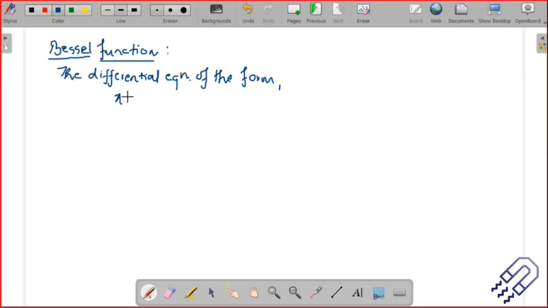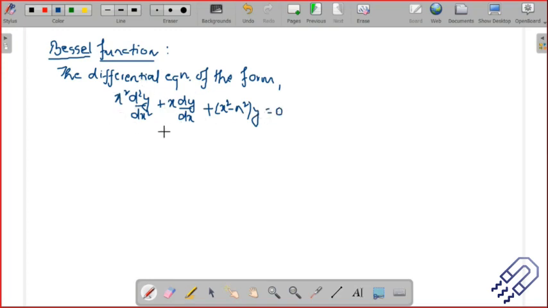We are going to deal with four in this particular set of lectures. If you have an equation of this form, x square d2y dx square, so it's a second order differential equation, plus x dy dx, where y is the function that we have, plus x square minus m square, where m is any variable we have, into y is equal to 0.